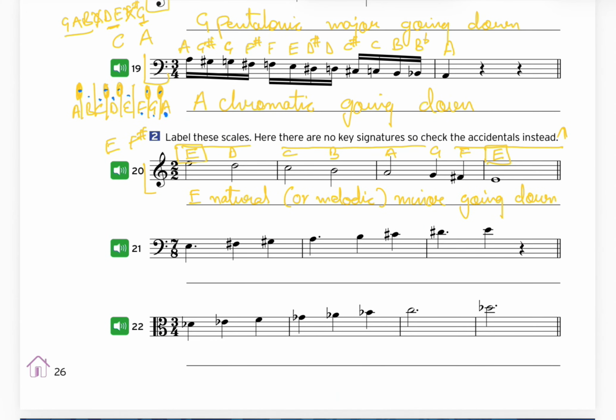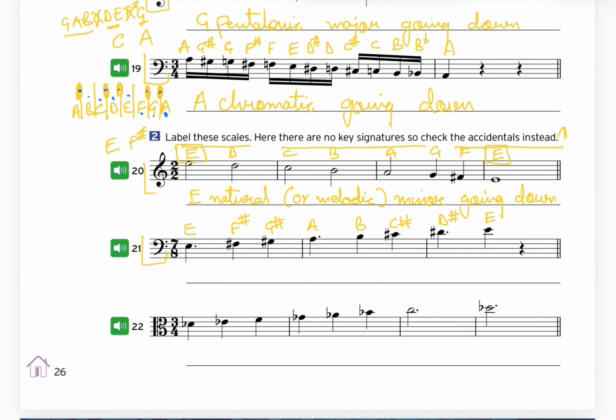Now next one is a bass clef. Okay, let's find out which is the first note. So this is our E, B, C, D, and E. So D sharp, then C sharp is there, and G sharp is there, and F sharp.